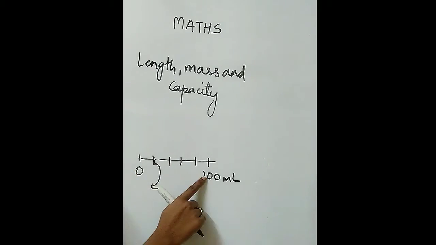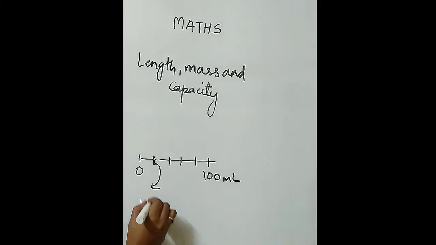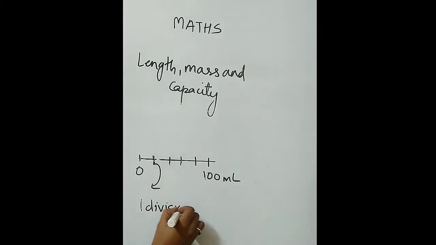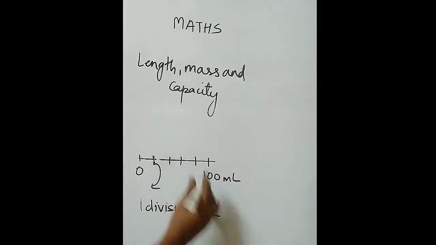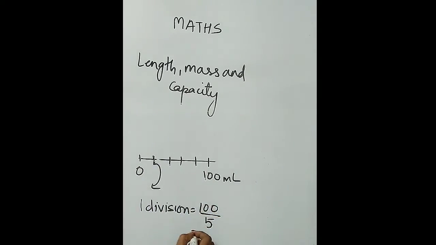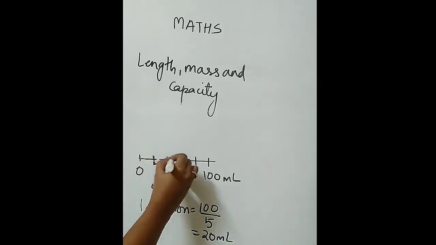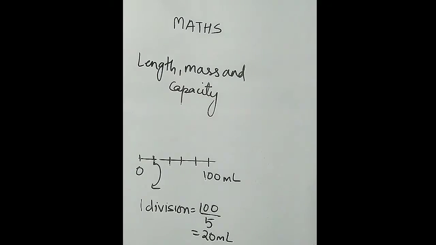From 0 to 100 means this whole value will be 100 ml. So we say this is one division, student. One division is equal to 100 divided by how many? It was 5. So I'll divide and tell you, it is 20 ml. So each division is 20 ml in the scale. This is the way you have to find it.